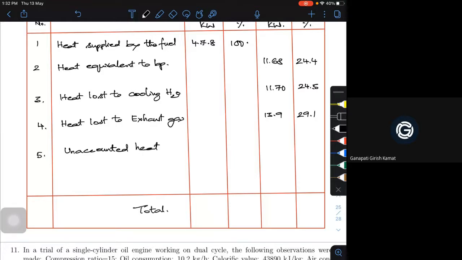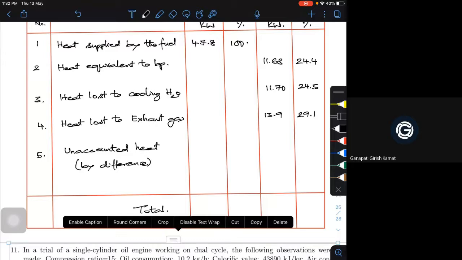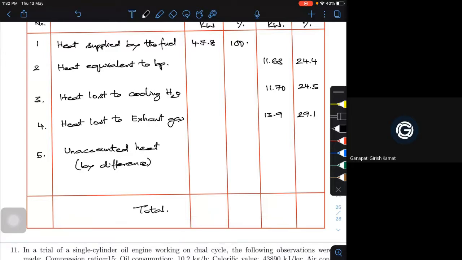The difference, if you put it, is 10.52, so we will put it as 22.2. Now you just add up. Maybe you may get 99.99 or 98, something like that. That's all decimal round off error. If I add up everything, 47.8 kilowatts should be equal to 100%.